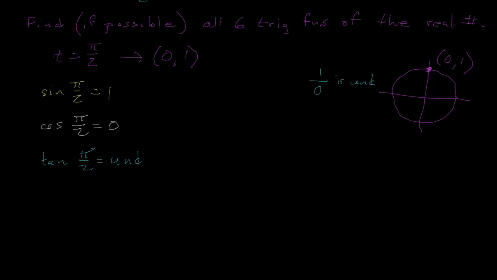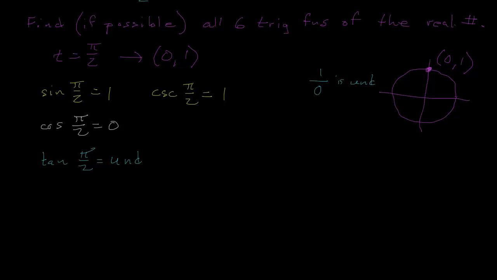Now, the reciprocal functions, the cosecant of pi/2 is also 1. 1 over 1, or the reciprocal of 1 is 1. The product of 1 and 1 is 1, so fine. Okay.